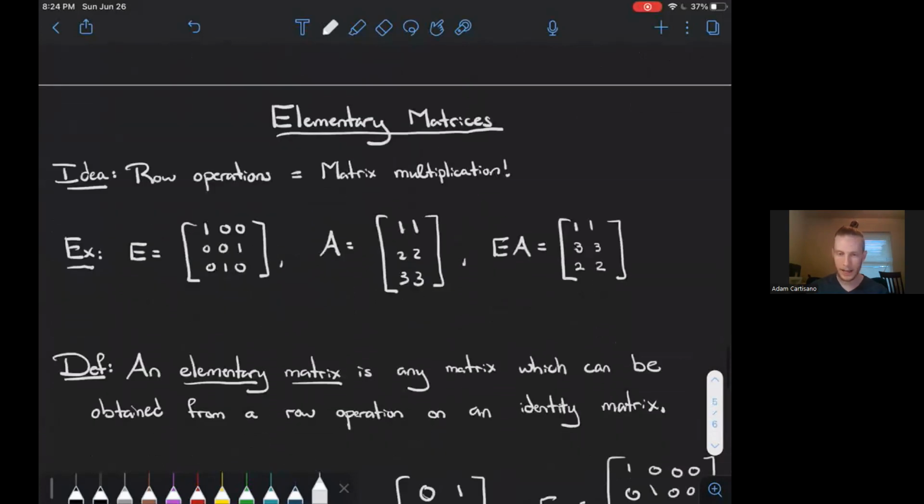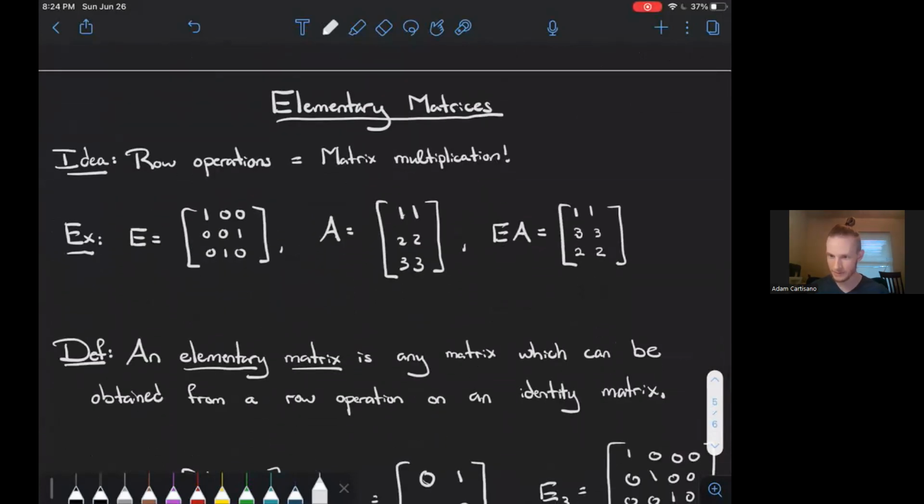Okay, now we're going to end this video with a definition. So we're going to define elementary matrices. And these are great. These matrices are very friendly. So an elementary matrix is a matrix where multiplying it on the left of another matrix does a row operation to that matrix. Okay, so here's our elementary matrix.